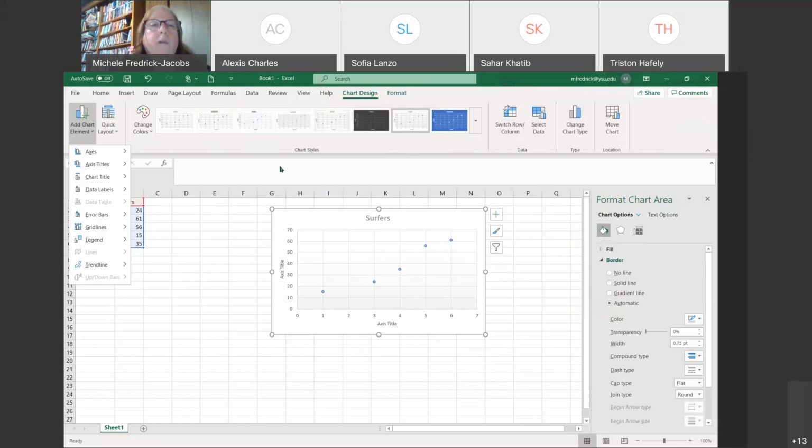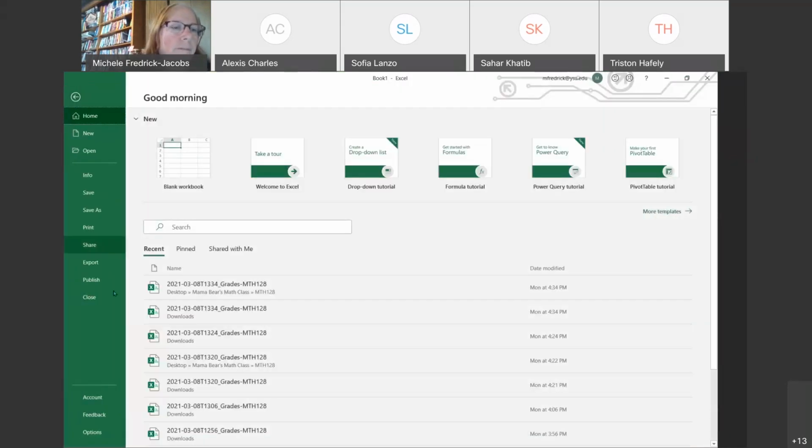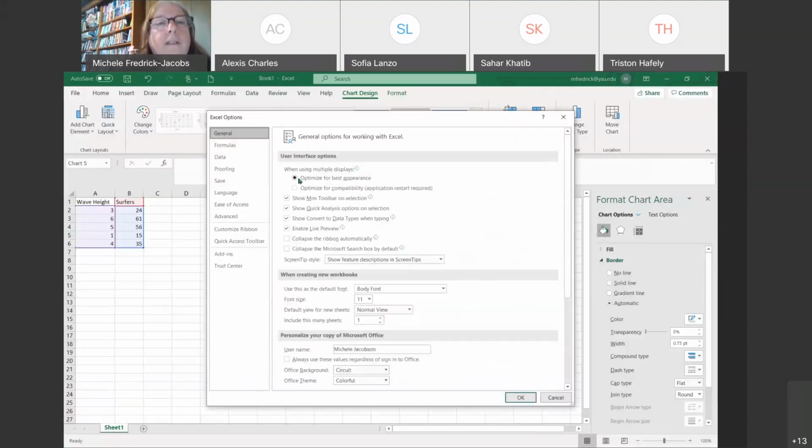Now there's also ways of adding things. Like if you go under File and down to Options, because it used to be for the histogram, you had to go to File and down to Options. Oh, add-ins, there it is.